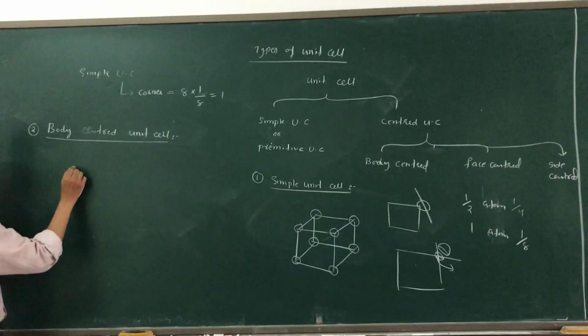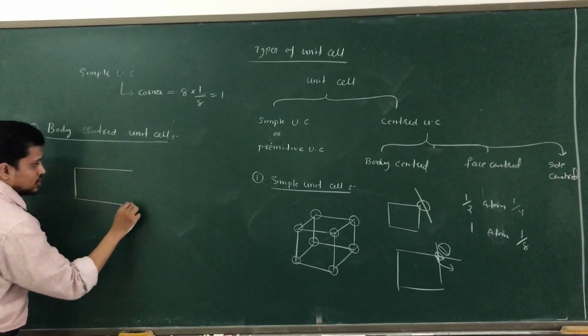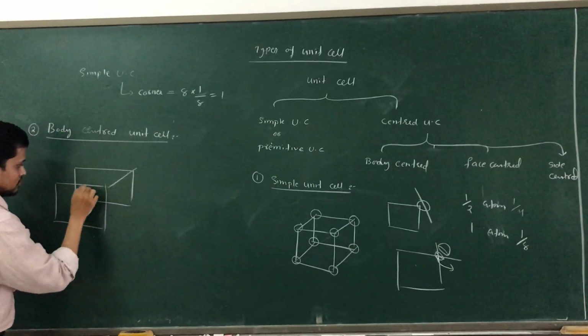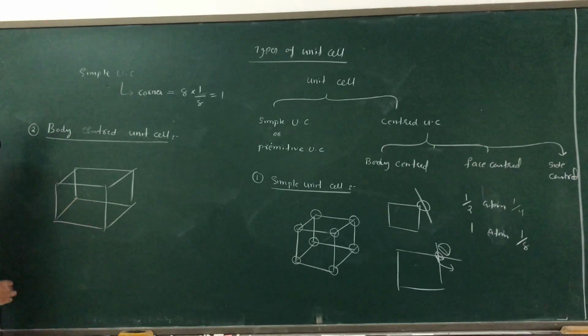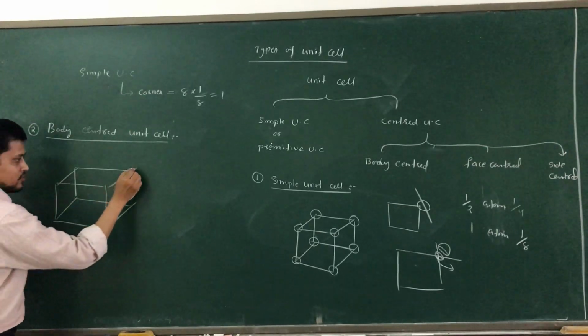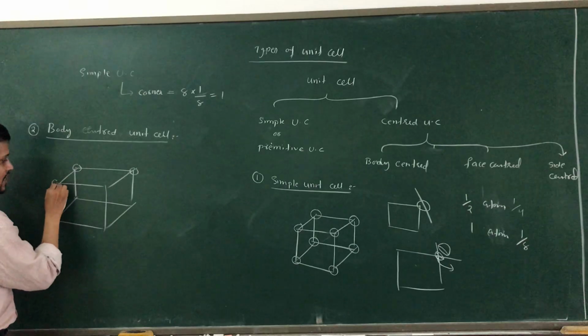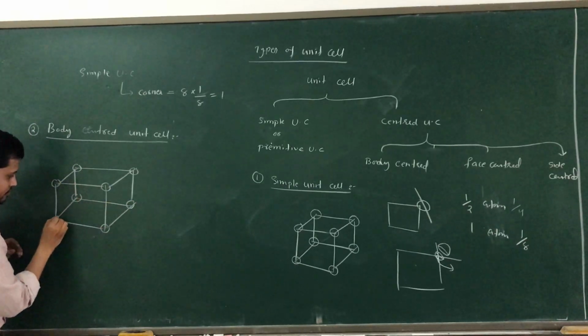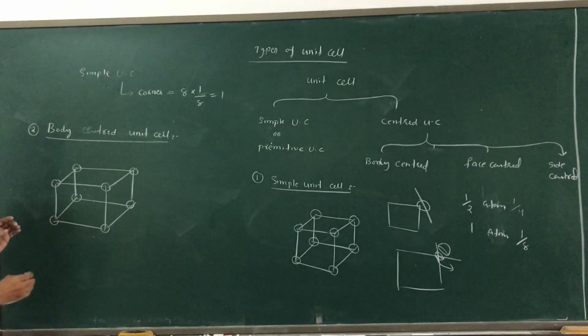So in this, what we have, a simple unit cell in this way, right? So in this unit cell, 8 atoms we have in the corner, like simple, and one we have inside.